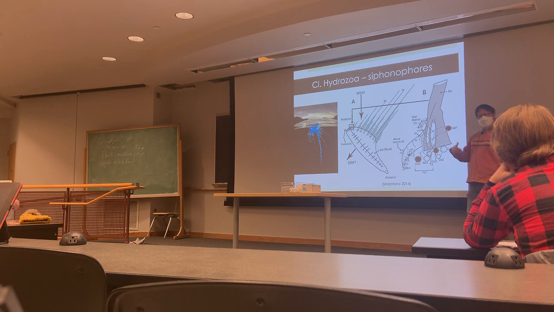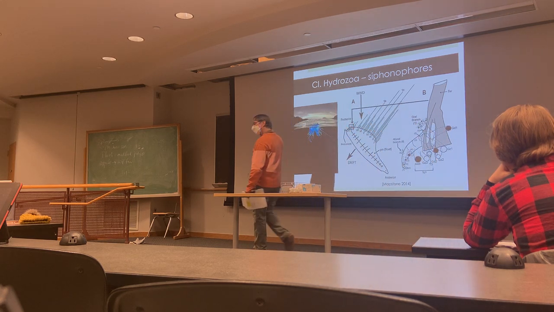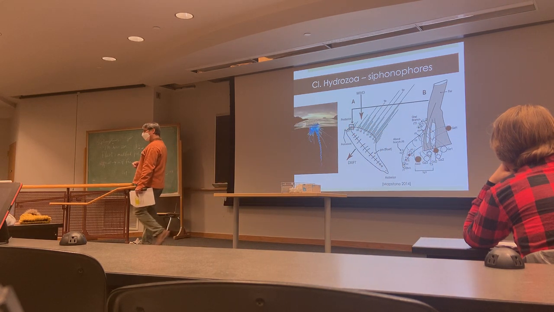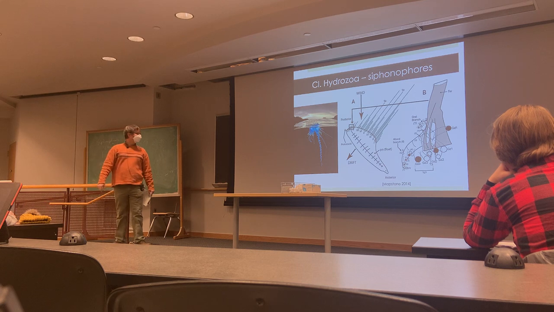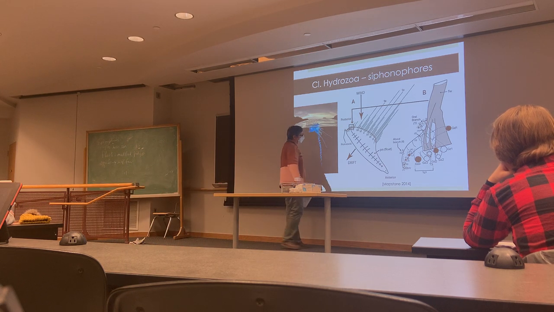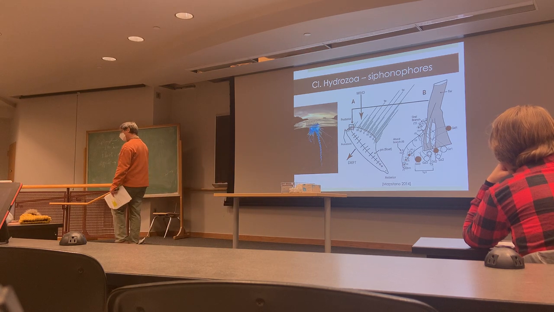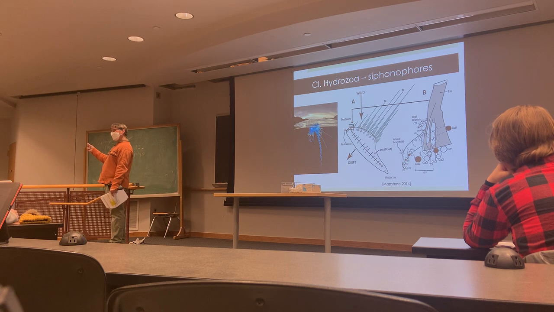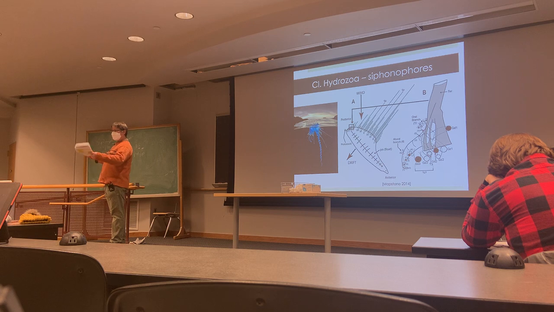So look at them, and they look like a single individual, but they're composed of these individual polyps and medusoid bodies that form the entire individual. It shows the protozooid, proto meaning first, the first zooid, the first individual. This is the larval individual that modifies into the polyp and then buds the rest of what becomes this composite individual.